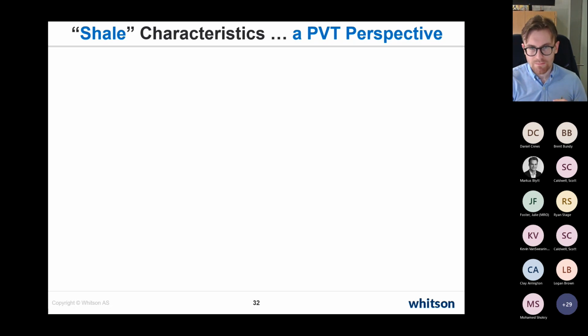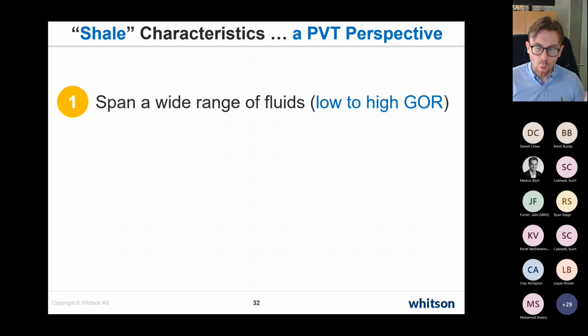Maybe there are some exceptions, but in general, most of these basins span a wide range of fluids, from low GOR to high GOR. Eagle Ford and Montney are probably the most extreme ones: very low GOR oils all the way up to dry gases. Permian is a little bit narrower. Bakken is probably the exception here. But most of the basins span a wide range of fluids.